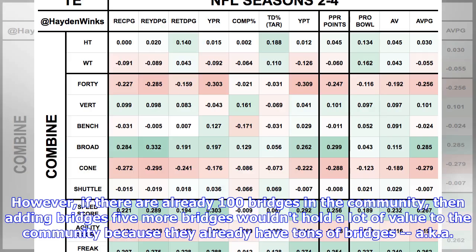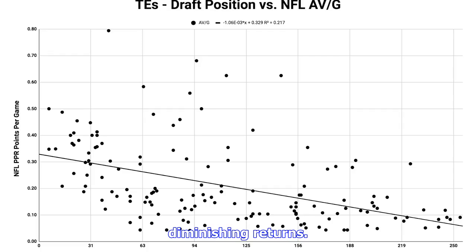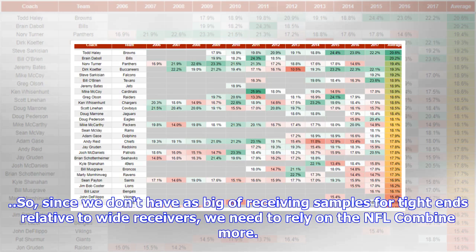However, if there are already 100 bridges in the community, then adding 5 more bridges wouldn't hold a lot of value to the community because they already have tons of bridges, aka diminishing returns. So, since we don't have as big of receiving samples for tight ends relative to wide receivers, we need to rely on the NFL Combine more.